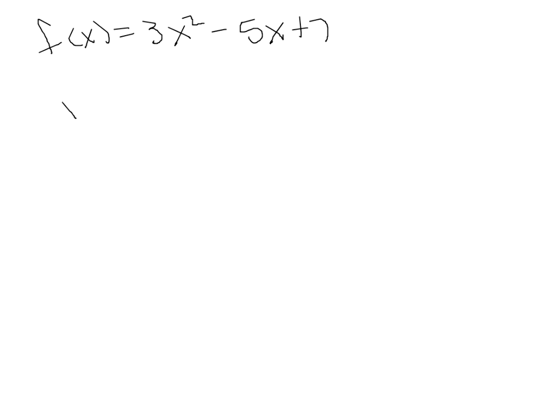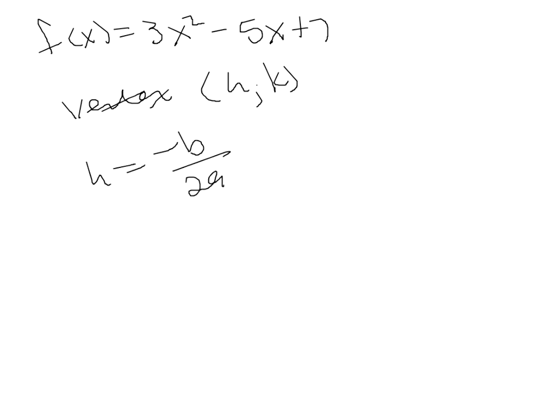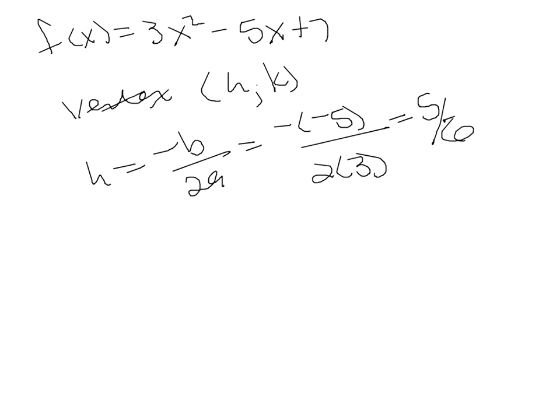The vertex is (h, k), where h is minus b over 2a, so minus negative 5 over 2 times a, which is 3, and I get positive 5/6.